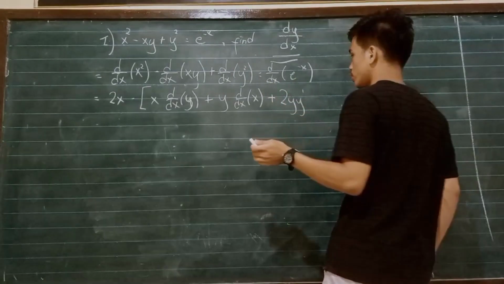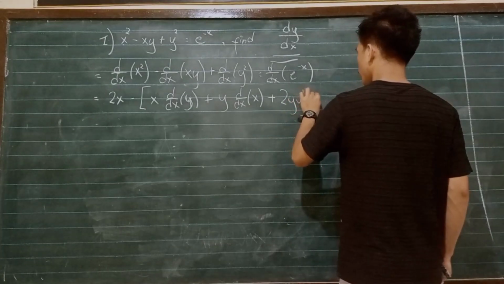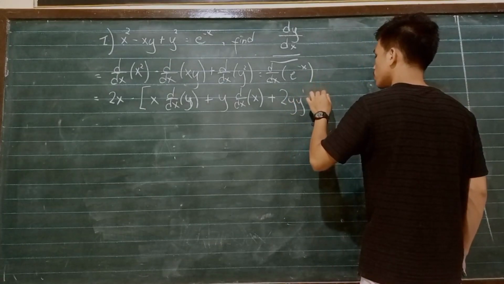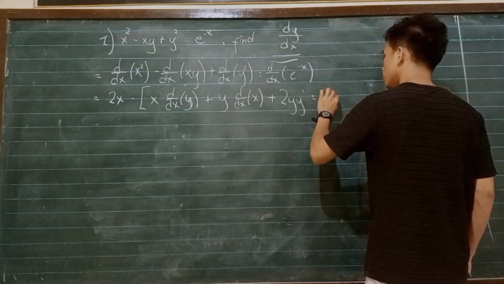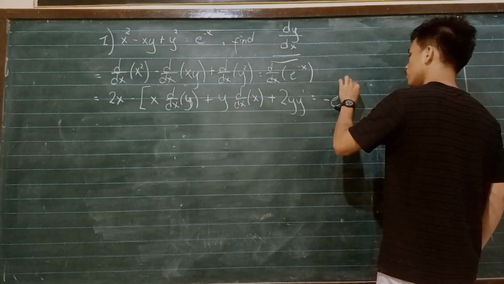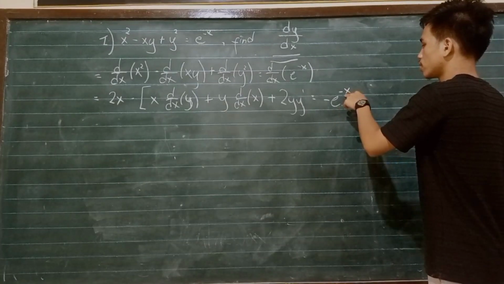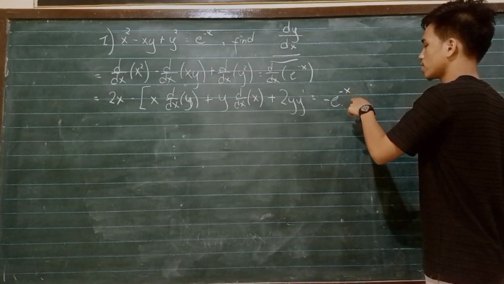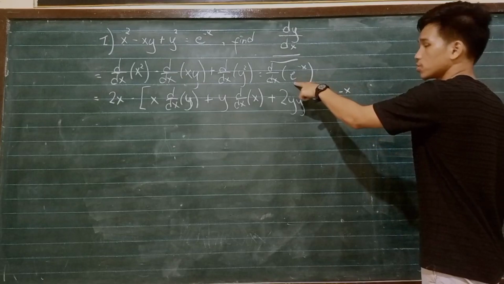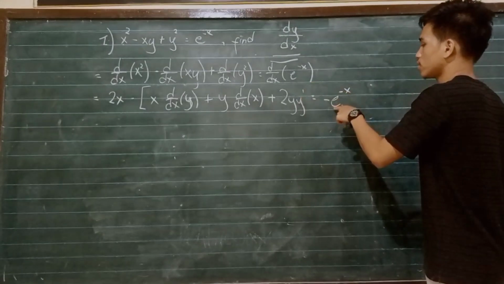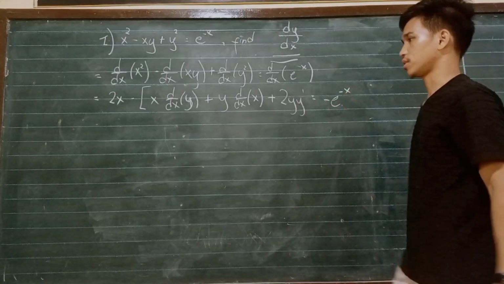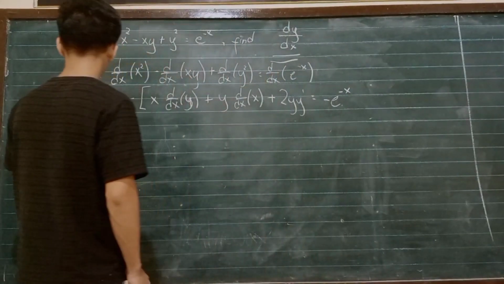That is according to the table in chapter 6. And the derivative of e raised to negative x is negative e raised to negative x. How I come up with this answer is the derivative of negative x is negative 1, which times the original expression will be negative e raised to negative x. So let's simplify again.